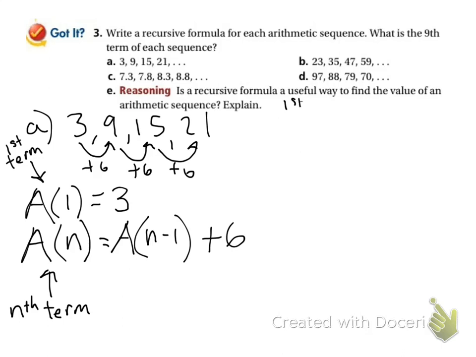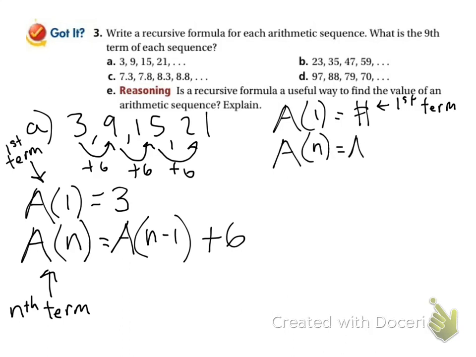We list our first term. A of 1 equals some number. That number there is our first term. And then you always have A of n equals A of n minus 1 plus or minus your difference, how much you're going up by each time or how much you're going down by each time.